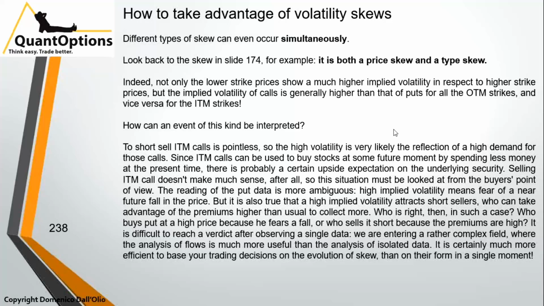Who buys puts at a high price because he fears a fall, or who sells them short because the premiums are high? It is difficult to reach a verdict after observing a single data point. We are entering a rather complex field where the analysis of flows is much more useful than the analysis of isolated data. It is certainly much more efficient to base your trading decisions on the evolution of a skew than on its form in a single moment.